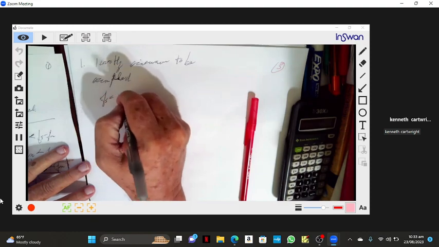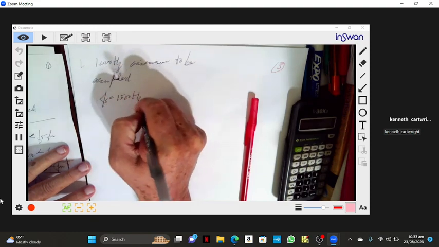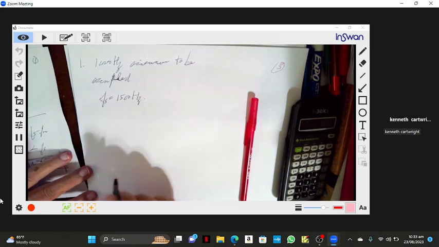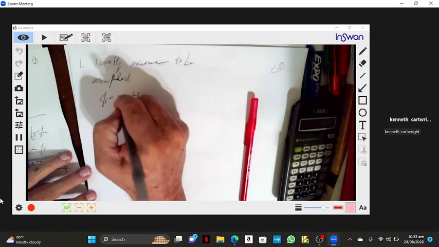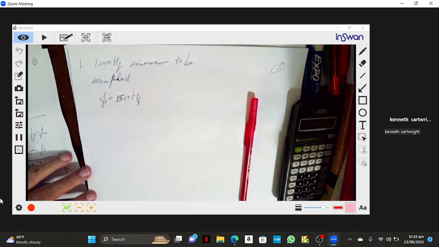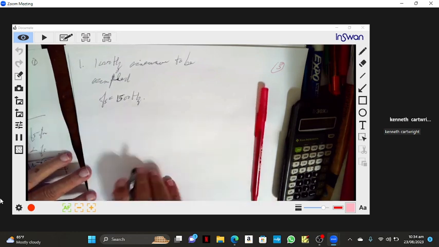Fs equals 1,500 hertz. So what frequencies will be present in the sample signal?